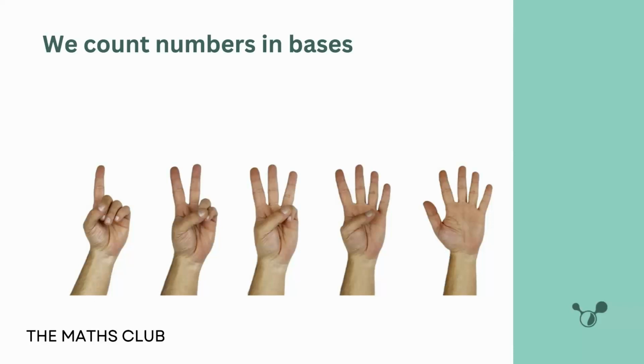Your mom says, take this money, go to the market, buy me 5 oranges. You go to the fruit seller, you pick one, number 1, number 2, number 3, number 4, number 5. You are counting, maybe knowingly or unknowingly, in a particular base. What base are we counting in? You guessed right. Base 10.